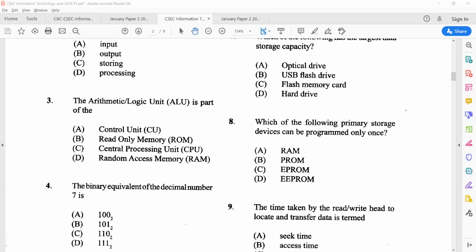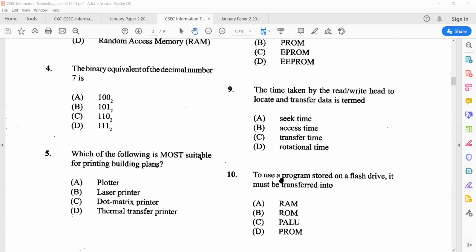However, once it's programmed, it cannot be erased or reprogrammed again. So the answer for the question is B. Right? The erasable programmable read-only memory, that device could be programmed again. Okay, that's number 8.